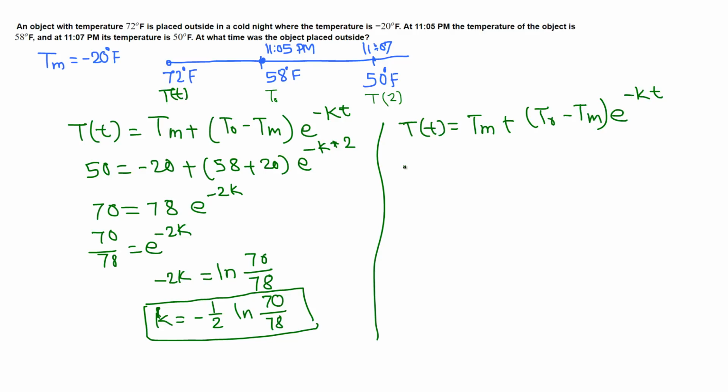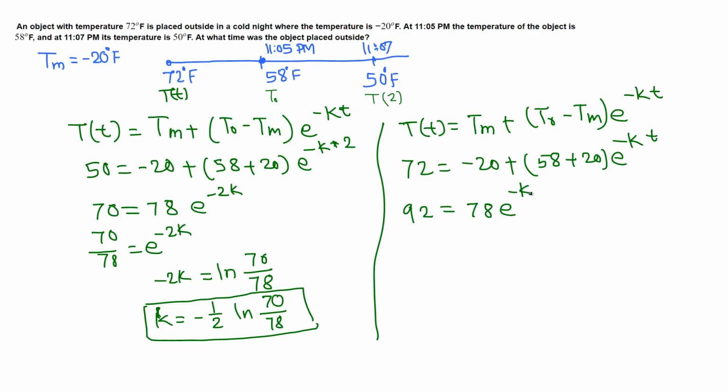Temperature is 72. Tm is negative 20. T naught is 58 minus negative 20, so this will be plus 20, times e raised to negative kt, where t is what we want to determine. Move this over, add 20 to both sides: 92 equals 78 e raised to negative kt.